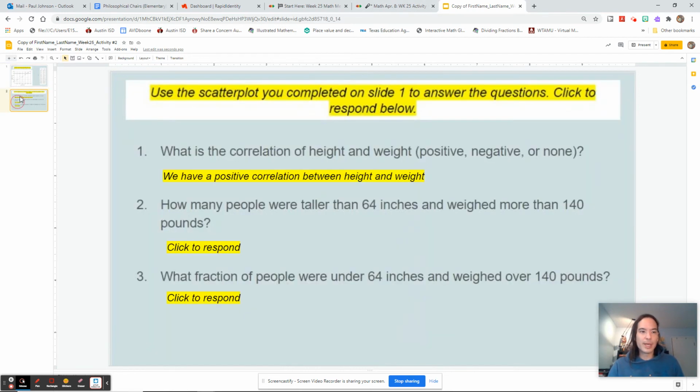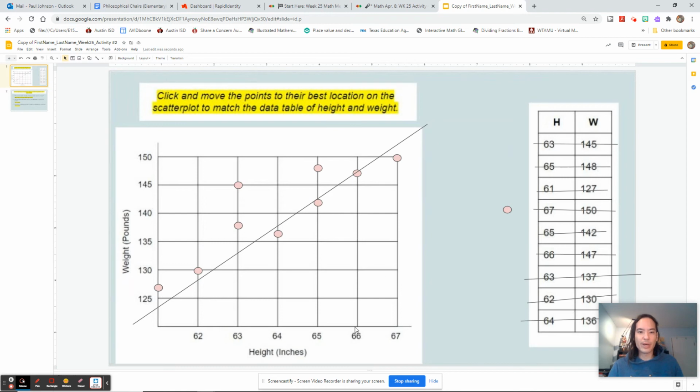So the question said, how many people were taller than 64 inches and weighed more than 140 pounds? So let's go to 64. And above 64, we have all of these. And here's the 140-pound mark. So nobody that was more than 64 inches weighed less than 140 pounds.